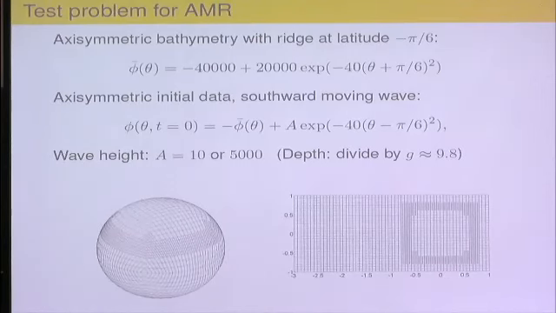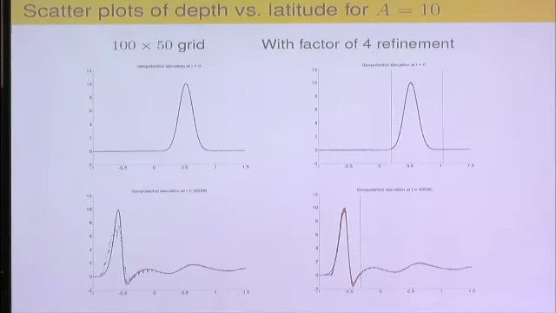And this wave, as it moved southward, the adaptive mesh refinement followed it. I'll just show a couple of results. So this is as a function of latitude. It should be one-dimensional, so you can calculate the one-dimensional solution on a very fine grid, for the appropriate problem, and use that as a reference solution.